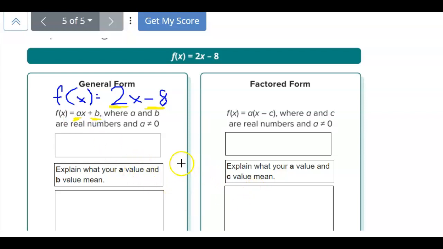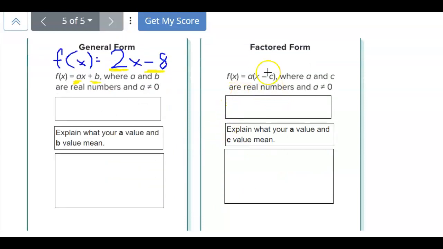All right. So then, next, you're going to be writing this equation in factored form. So this is good practice for factoring an equation. So you're going to, let me change color. That's just too light. All right, so you're going to write your function in factored form.